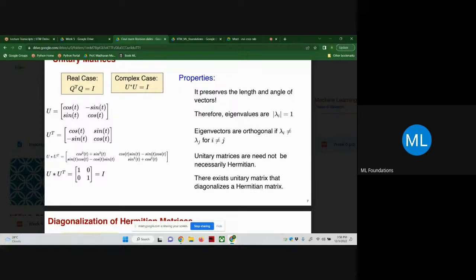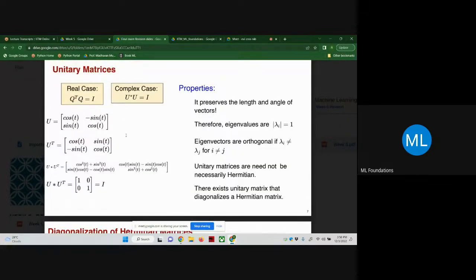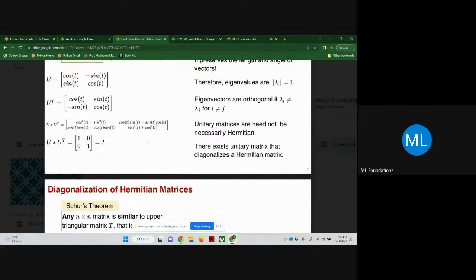Is U transpose equal to U? No. So even though U is a unitary matrix, U star is not equal to U, so it need not be Hermitian. Similarly, not all symmetric matrices are Hermitian matrices, and not all Hermitian matrices are unitary matrices. Clear?